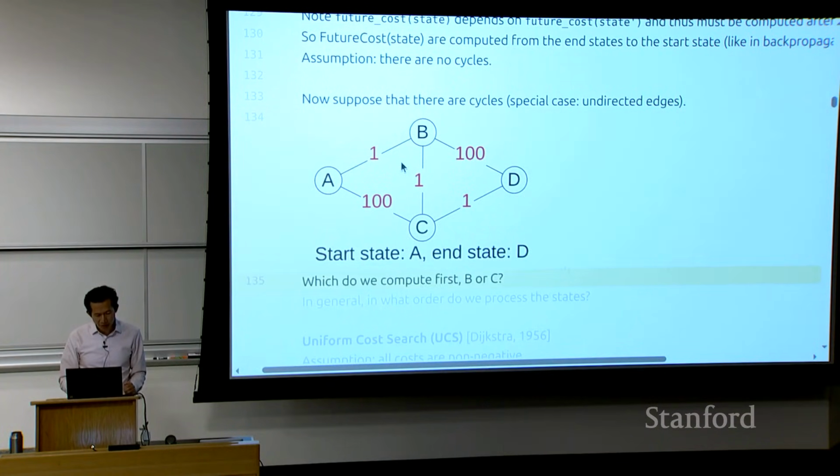Okay, so given this, what do we compute first? Do we go A, B, C, D, or A, C, B, D? It's not really clear, right? Because there's no topological ordering of the nodes that makes sense. So what can we do? Any ideas?